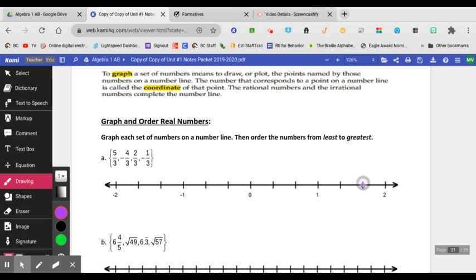So this point right here is 5/3, because our number line is broken up into thirds here. Negative 4/3 is negative 1 1/3. So it's right here. 2/3: start on 0, 1/3, 2/3. And negative 1/3: start on 0, go left. Negative 1/3.